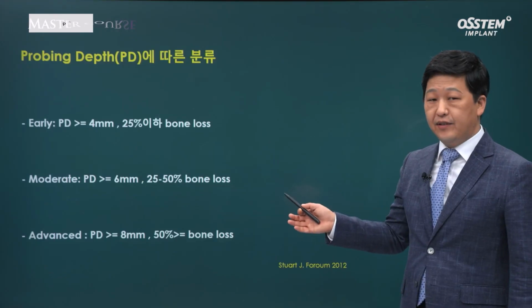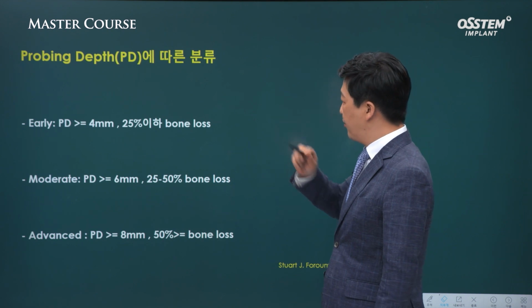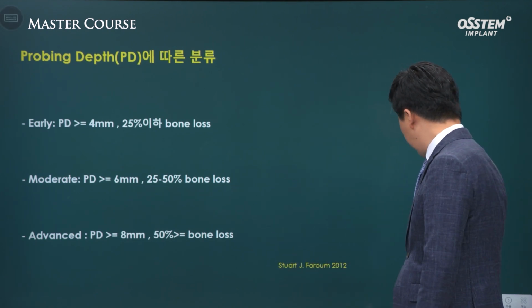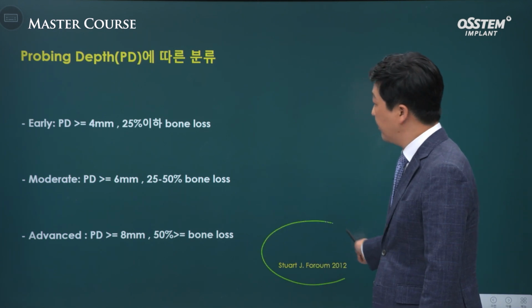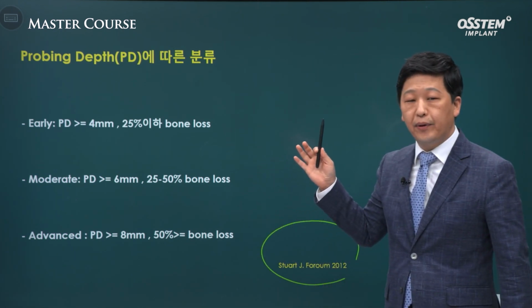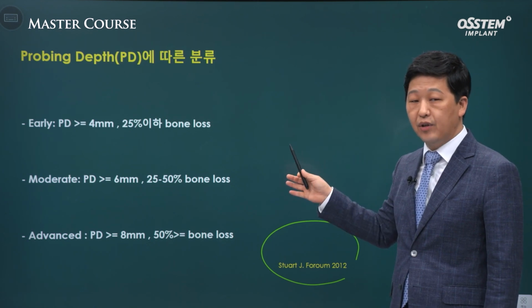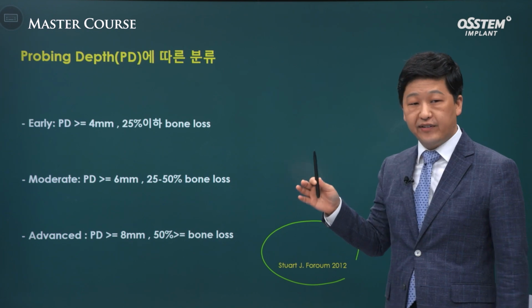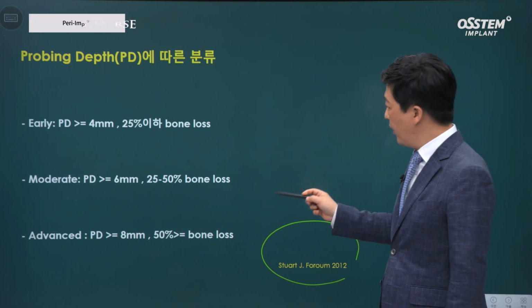Let's look at the classification of peri-implantitis following probing depths. In 2012, Stewart Forums introduced this classification. If probing depth is over 4 millimeters and there's less than 25% of bone loss, it is classified as early peri-implantitis.